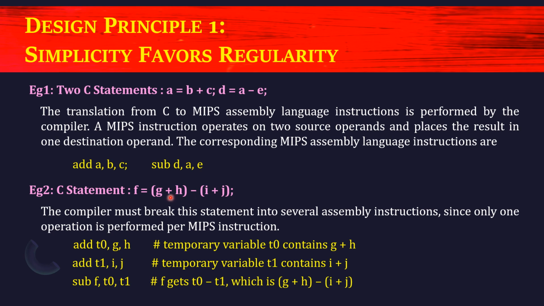So the first instruction is add T0, G, H. This T0 is a temporary variable which is used to store the result of the addition of G and H. Similarly, add T1, I, J. Then we perform the subtraction between T0 and T1, and the result is stored in F. So the third instruction is sub F, T0, T1.